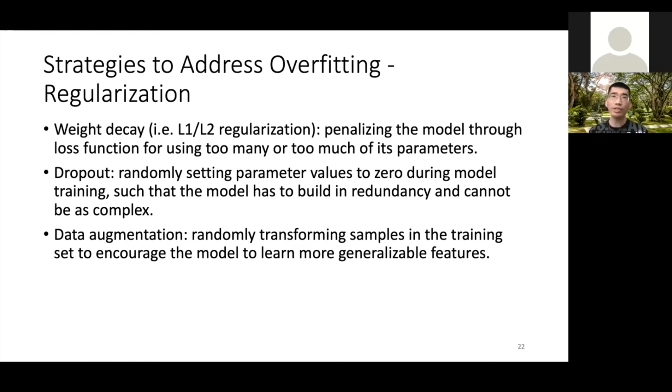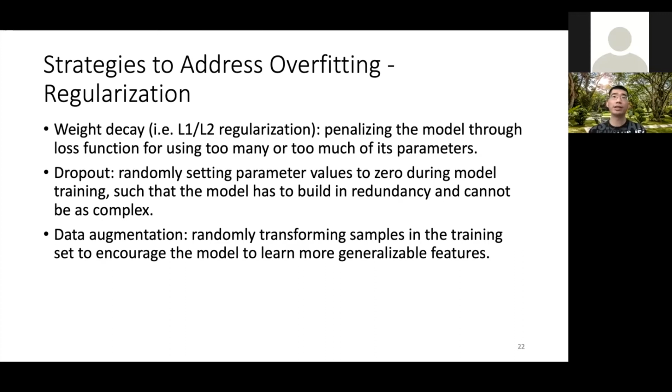The intuition is that that layer will become more unreliable and the model has to build in redundancy into its subsequent layers. By having to account for redundancy, the model cannot be as complex. The probability of dropping out a given neuron is a very common hyperparameter.